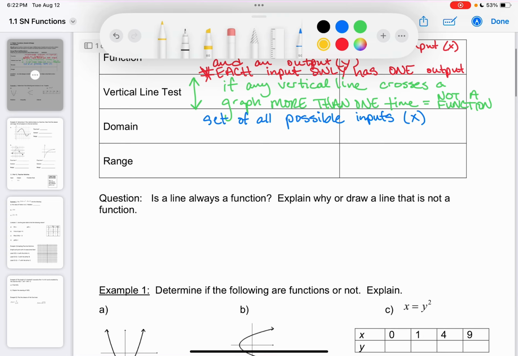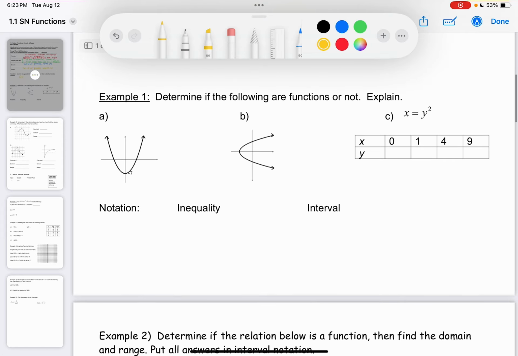The range is the set of all possible outputs or y values. All right, is a line always a function? No, it's not. And I'm not going to explain to you why, because I want you to try to explain why or draw one that's not a function. But the answer is no.